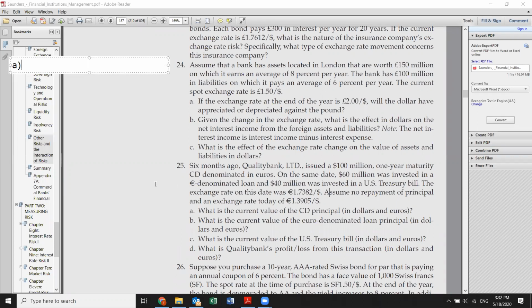So our euro value of CD is equal to 1.738 times 100 million. That will give us 173.8. This is 173.82 million of euro.